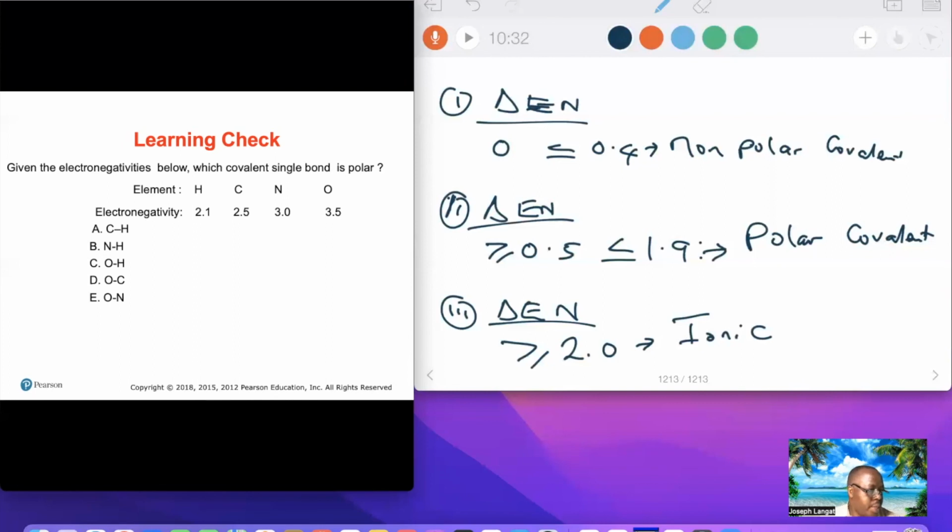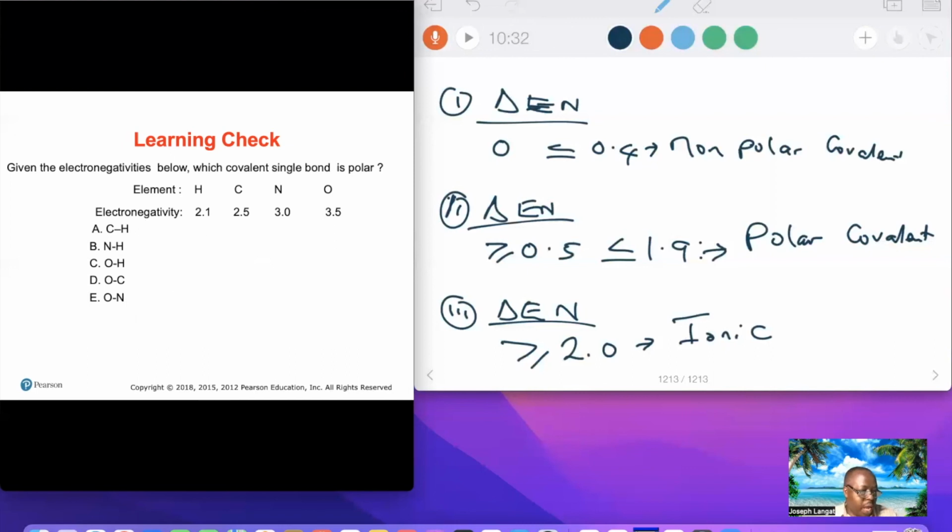Oxygen and hydrogen: 3.5 minus 2.1 gives you a difference of 1.4.